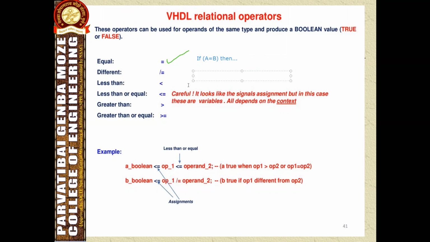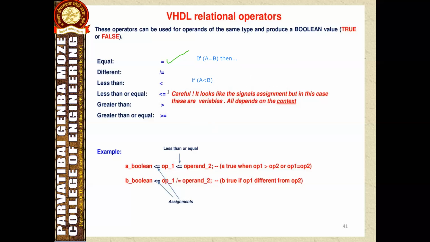For less than, if A less than B, such a symbol will be used for comparing these two objects A and B. If A is less than B, then the further command will execute.